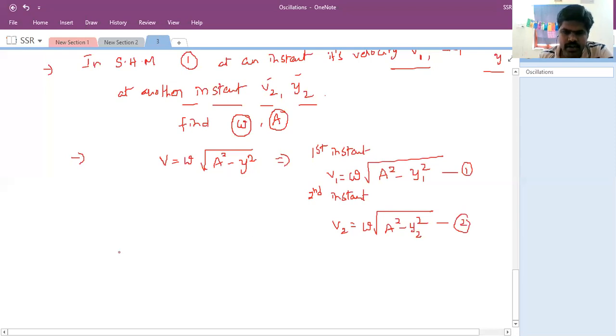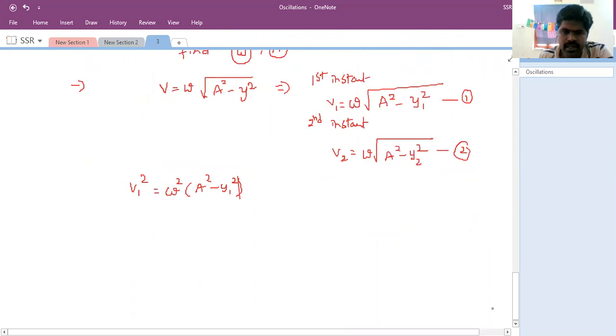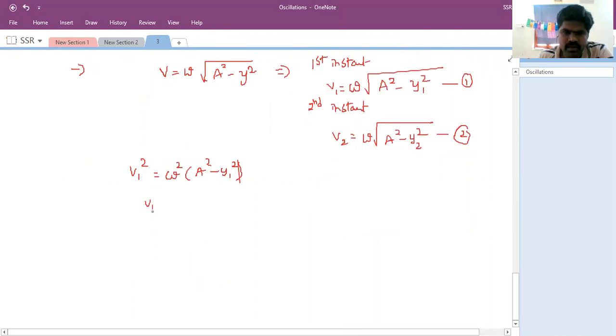Then from equation number 1, squaring on both sides, V1 square is equal to omega square into a square minus y1 square. Rewriting, V1 square by omega square is equal to a square minus y1 square, so V1 square by omega square plus y1 square is equal to a square.